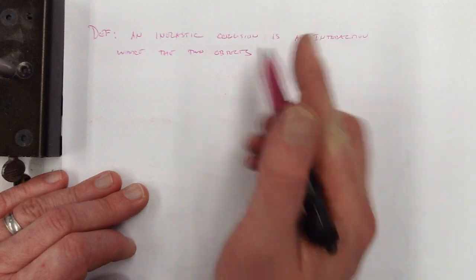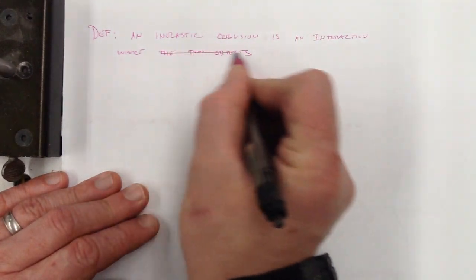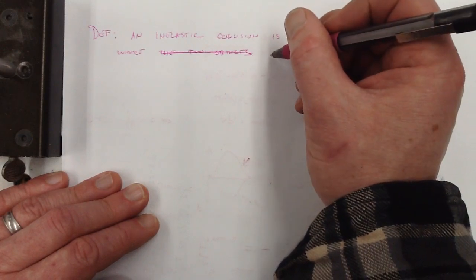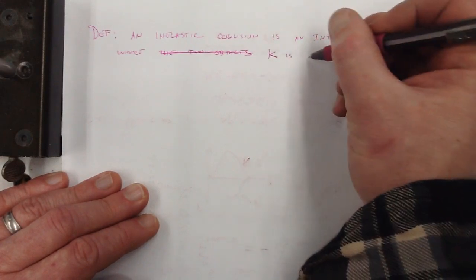An inelastic collision is an interaction where, let's say this, kinetic energy is lost.